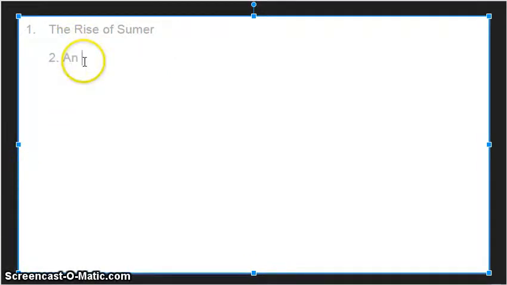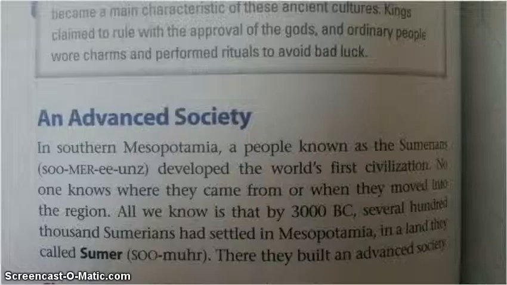Okay, I figured it out. So our power 2 is going to be an advanced society. It's that subheading that we just read on that page. And remember, we're not going to put our 2 underneath our 1. Okay, we're going to indent our 2 just a little bit so we can set it apart. We know that that's a new section underneath this main title. So we're going to look at an advanced society.